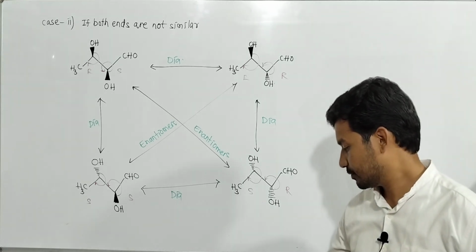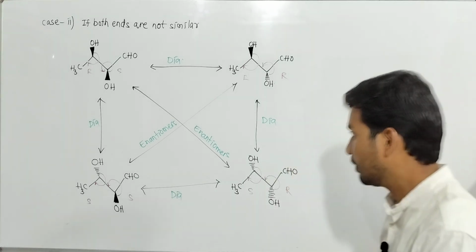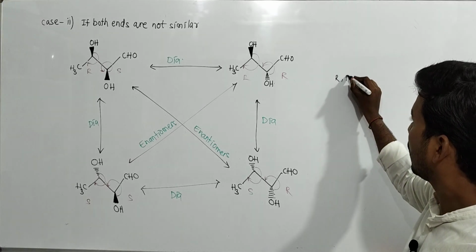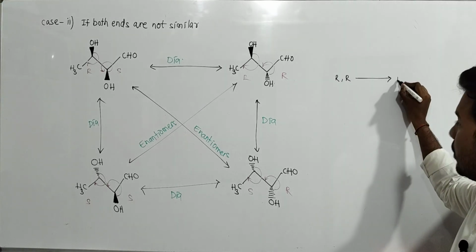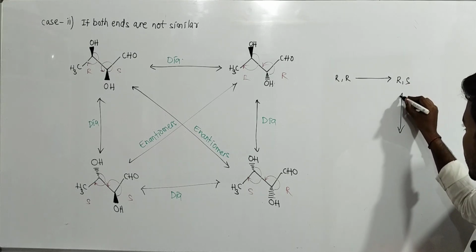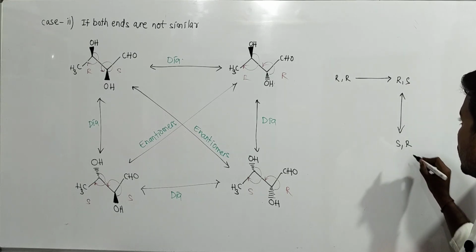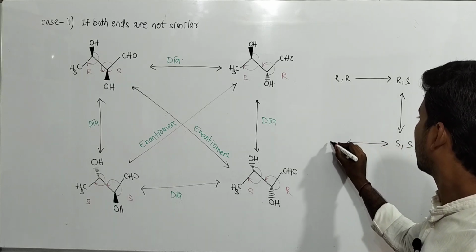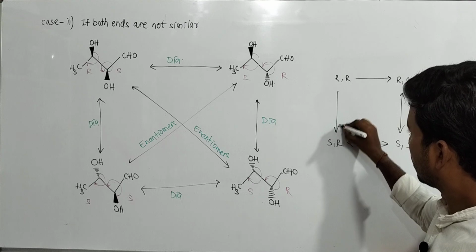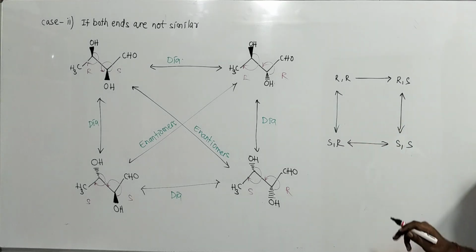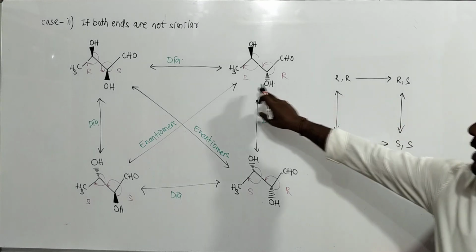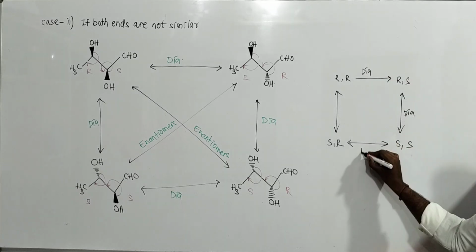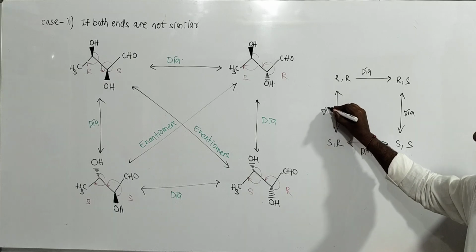So remember this one. I will write it like this: R gives RS, SR or SS, SR. All these, RR and RS, are diastereomers.